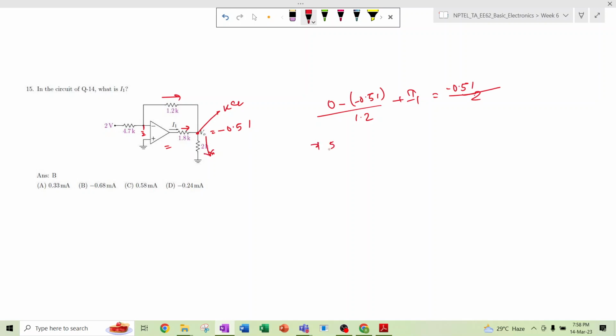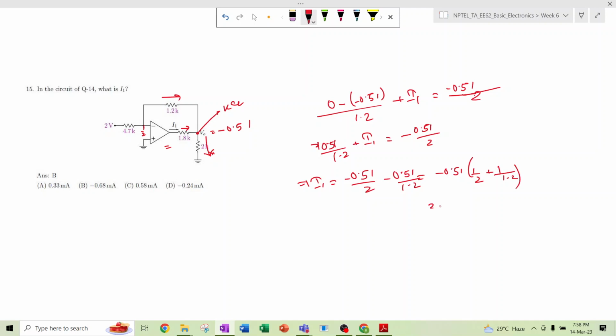So you can write 0.51 divided by 1.2 plus I1 is nothing but minus 0.51 divided by 2. So I1 is nothing but minus 0.51 divided by 2 minus 0.51 divided by 1.2, equal to minus 0.51 if we take common, 1 by 2 plus 1 divided by 1.2.